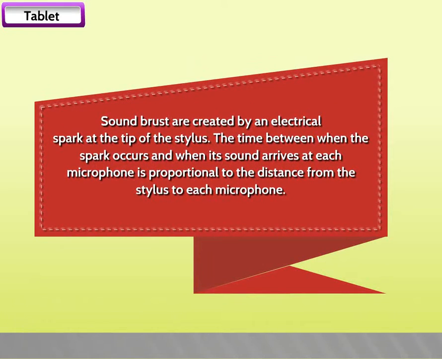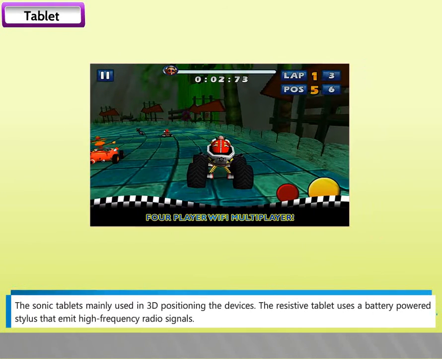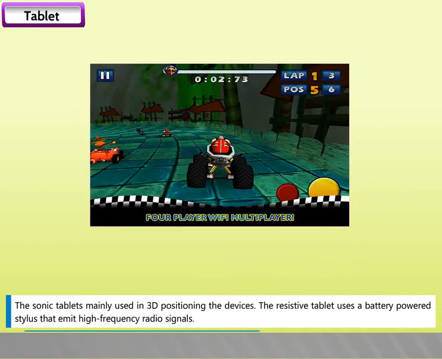The sound bursts are created by an electrical spark at the tip of the stylus. The time between when the spark occurs and when its sound arrives at each microphone is proportional to the distance from the stylus to each microphone. Sonic tablets are mainly used in 3D positioning devices.